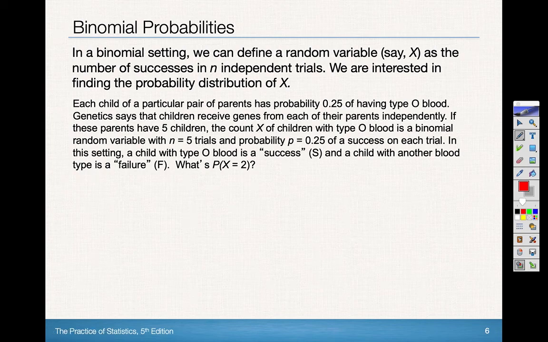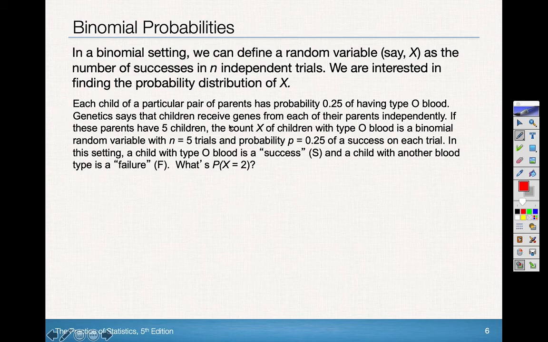So if you know something's binomial, why is it better? In a binomial setting, we can define a random variable, say again x, as the number of successes of n independent trials. We're interested in finding the probability distribution. Here's our example. Each child of a particular pair of parents has probability 0.25 of having type O blood.